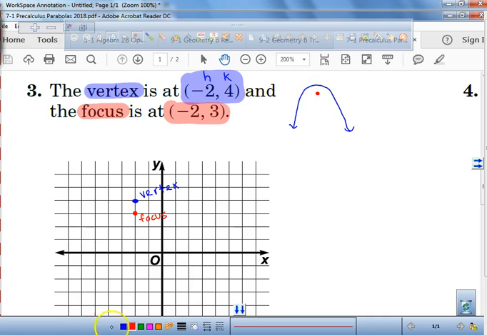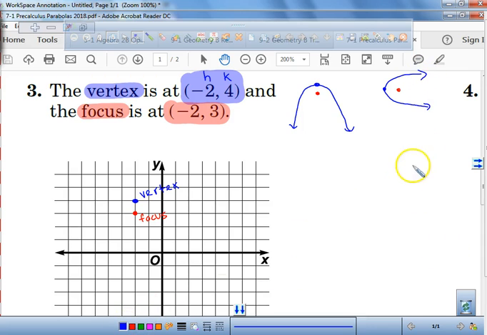So if this is your vertex and your focus is below it, it's going to open down. If the focus was right over here, that lets you know it's going to be opening to the right.